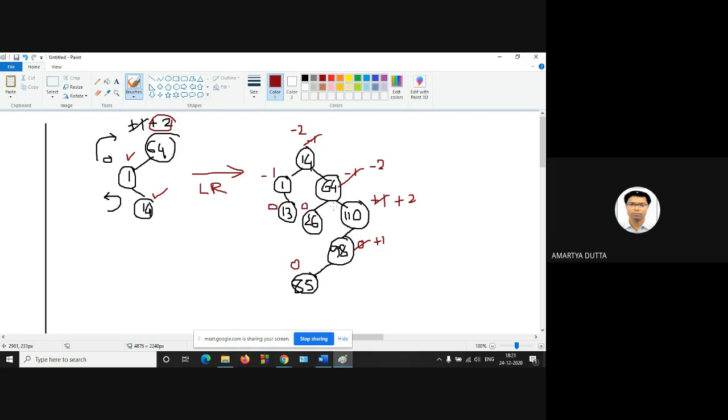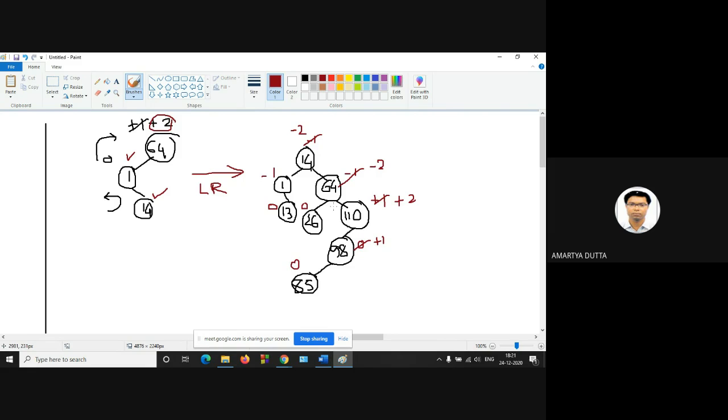Because if there are a number of nodes where the balance factor is violated, then we have to choose the node that is nearest to the leaf, because we have to calculate the balance factor starting from the leaf in an upward direction towards the root. So which node is closest to the leaf? It is 110. So first of all, we have to apply the appropriate rotation at node 110.